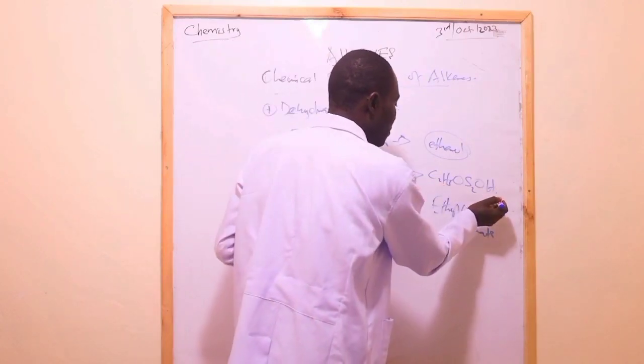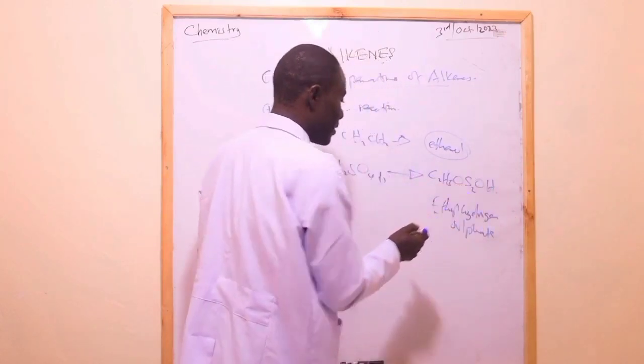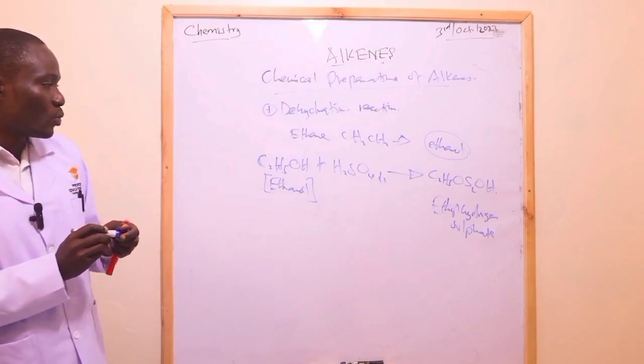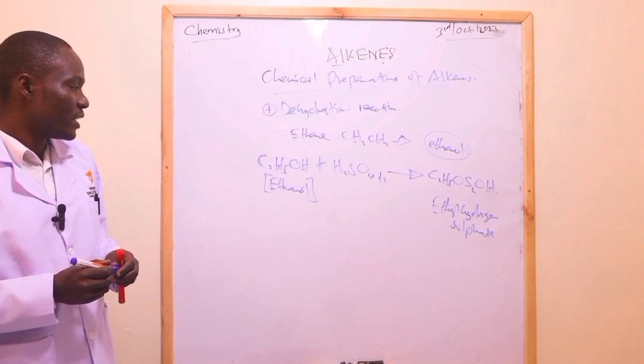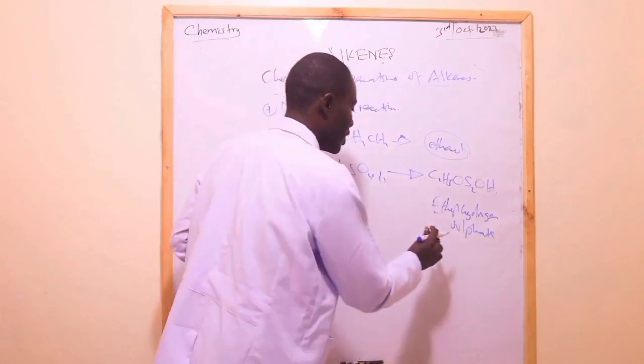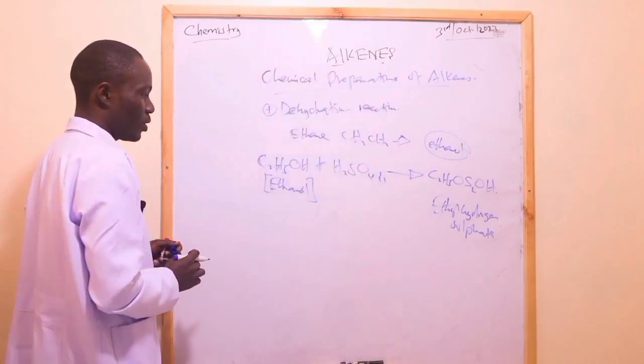Now, this ethyl hydrogen sulfate, when heated, forms ethene and water.